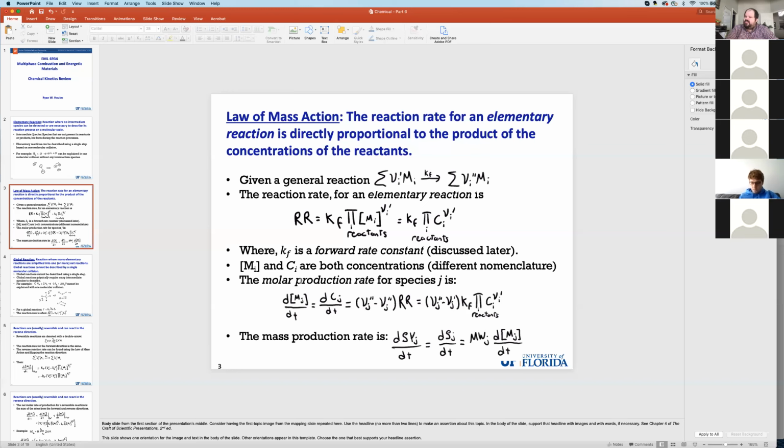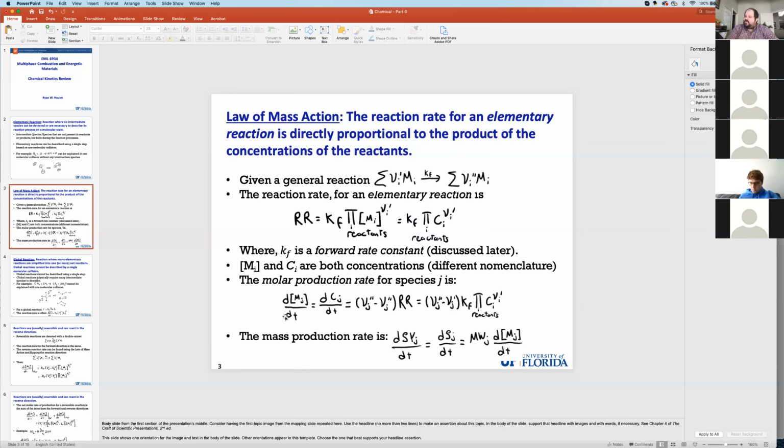And the molar production rate, using this chemical reaction rate, the number of moles of species J that is being produced is just the difference in the stoichiometric coefficients between the product side and the reactant side, multiplied by the reaction rate.